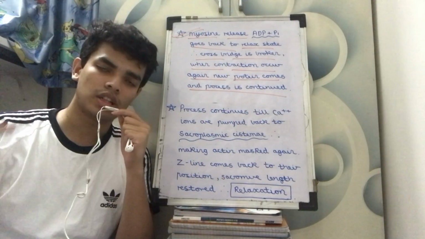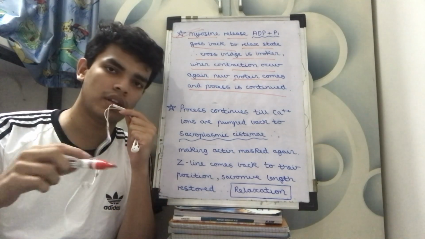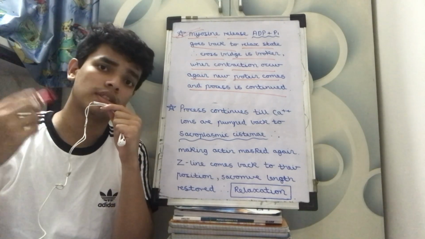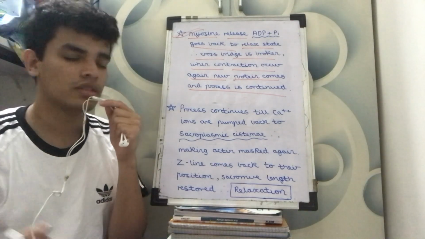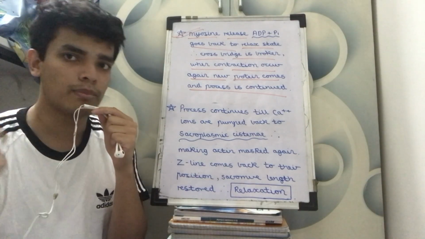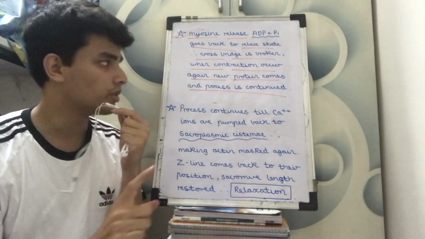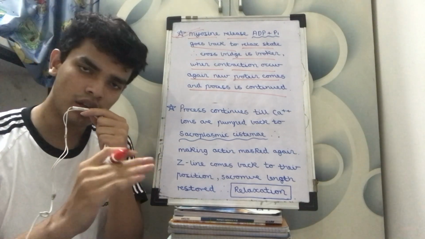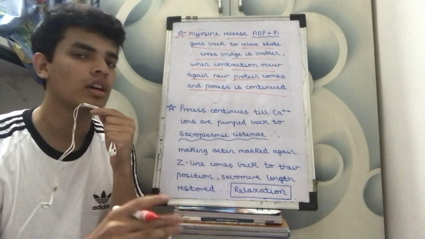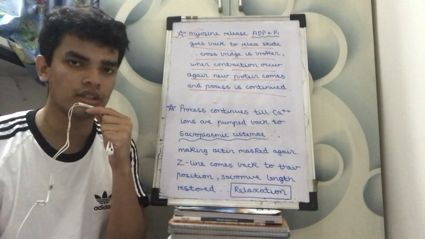इसमें क्या बोला है, मतलब in your NCERT diagram you can see that there is a round diagram given in which a cross bridge is formed and it is again broken. So this process continues, and what happens when it is about to break, myosin releases, it is very very important, please learn this, the myosin releases ADP and phosphorus, and then the cross bridge is broken and the myosin comes back to relaxed state, and इसके बाद again a new protein comes and again the same process is repeated.